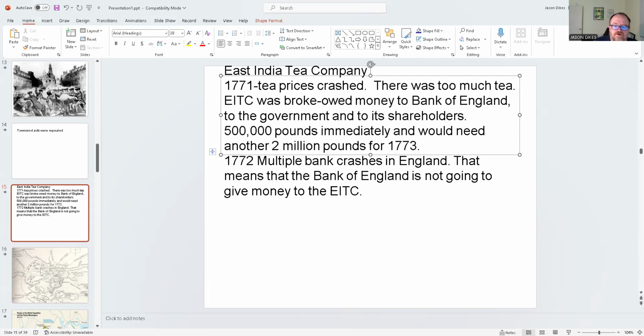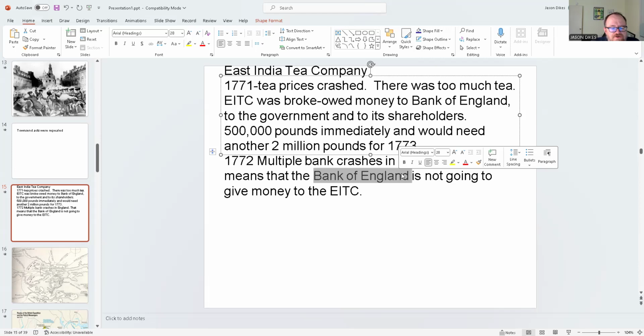Okay. Now, bank crashes back then are very different. If a bank in the United States crashes today, if that bank is protected by the FDIC, the money is protected. That didn't exist back here. Okay? If the Bank of England crashed, well, too bad. Okay? As the French say, le tough tete.